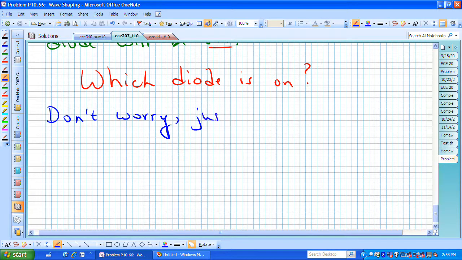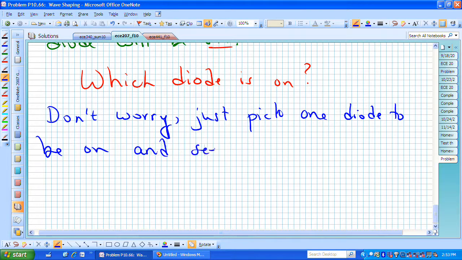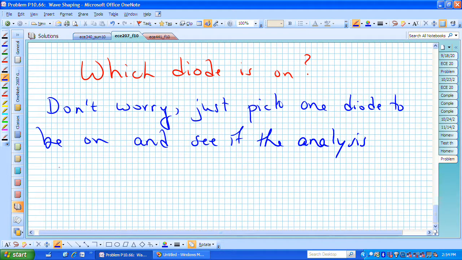Let's just pick one diode to be on and see if the analysis or the assumptions that we have made support that choice, and if not, we'll just change what we're doing and go back and make the necessary corrections.